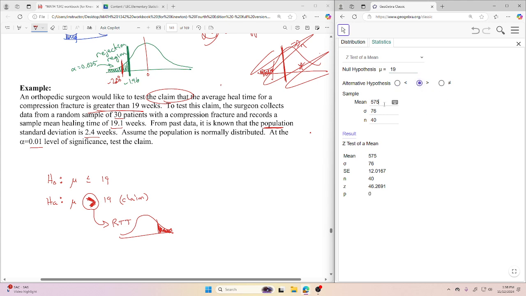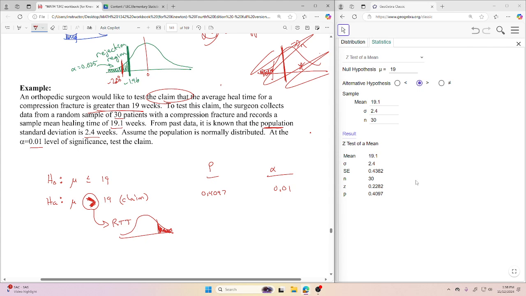B, greater than. The mean that I found was, bam, the standard deviation, and my N was 30, and there we go. And so you can see I have a p-value of 0.4097 versus their 0.01. This is very strange, right? This is very weird.